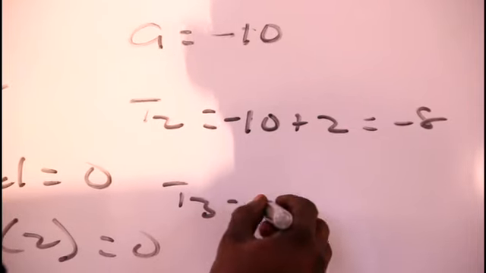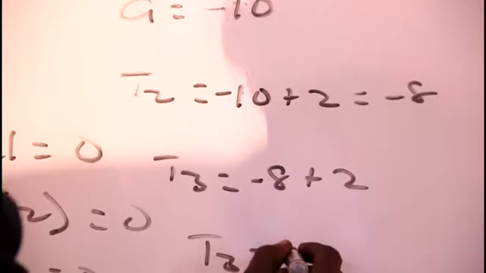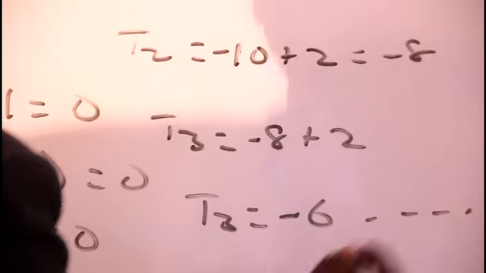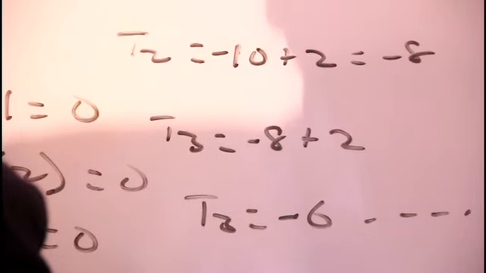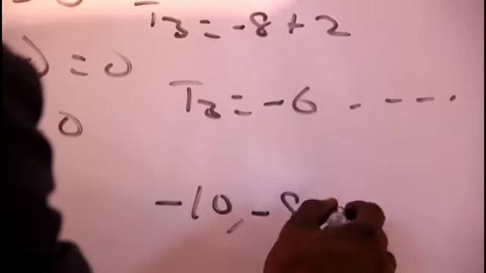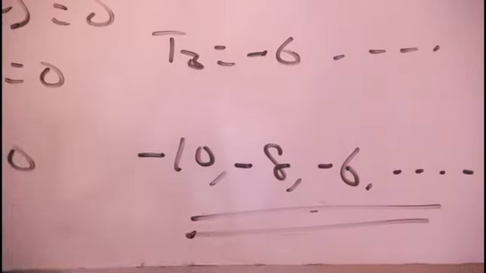Now T3 will be equal to minus 8 plus 2. Now T3 will be equal to minus 6, and so on and so forth. So the sequence will now be minus 10, comma, minus 8, comma, minus 6, comma, dot, dot, dot. This is the sequence.